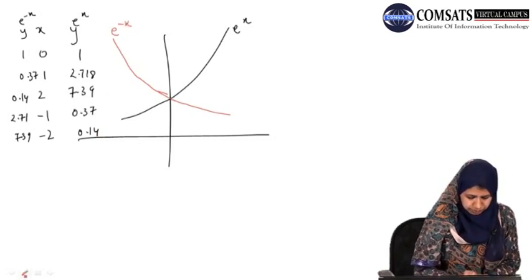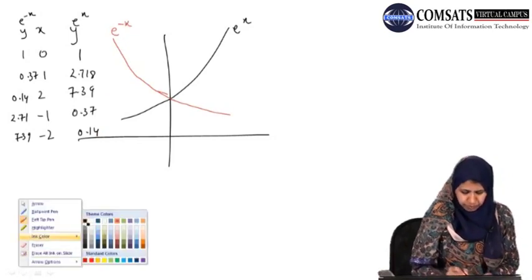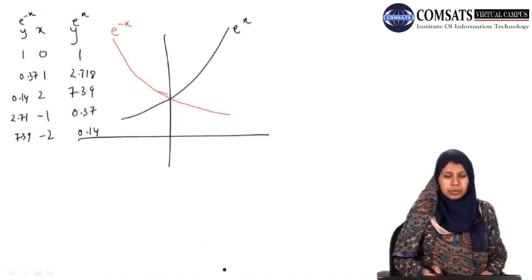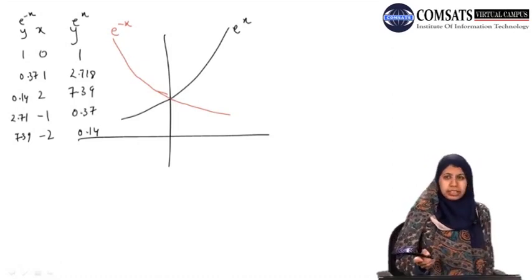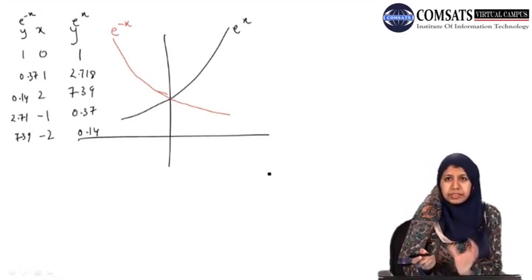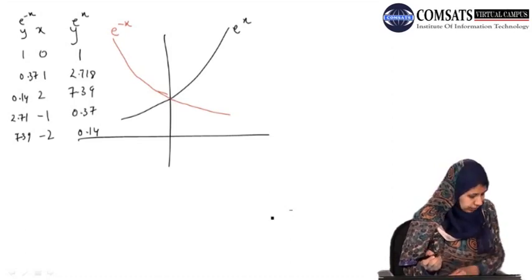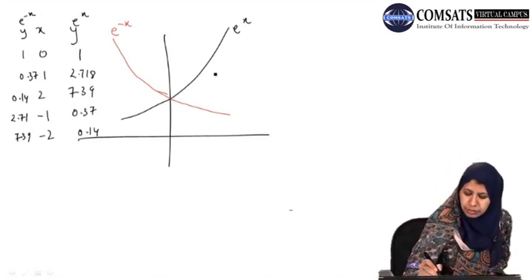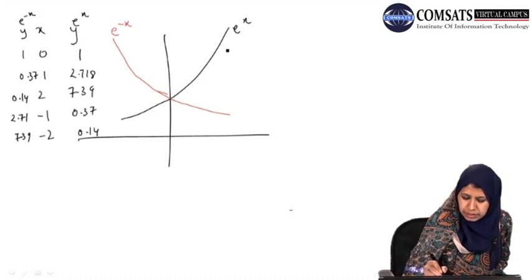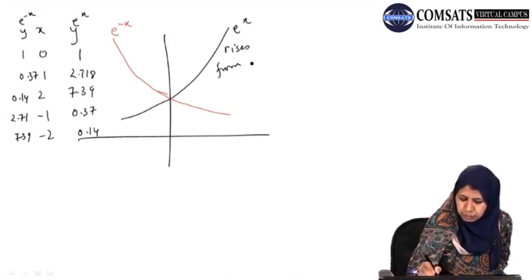If we look at both the graphs, e to the power minus x is just a reflection of e to the power x. Now the graph of e to the power x basically rises from left to right.